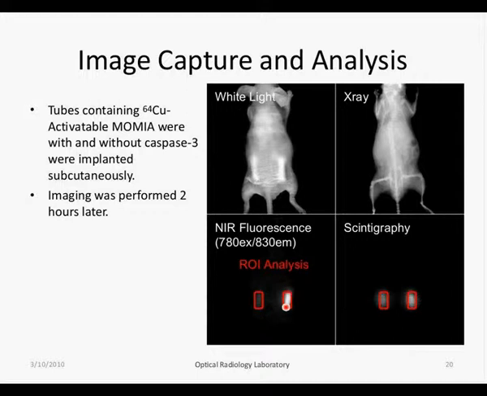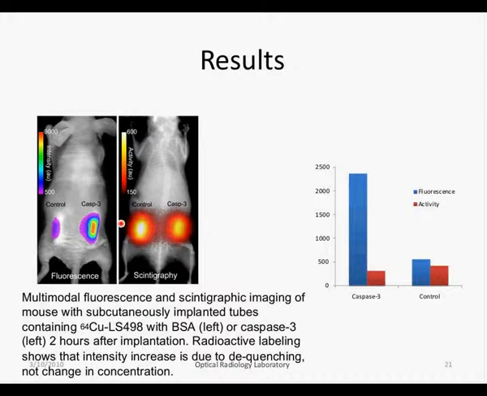And we compare those signals, and here are the overlaid images of the mice, showing the white light and then the fluorescence signal with a color scale, so that enhances the contrast, showing the fluorescence is much higher in the caspase 3 containing tube than in the albumin control tube.